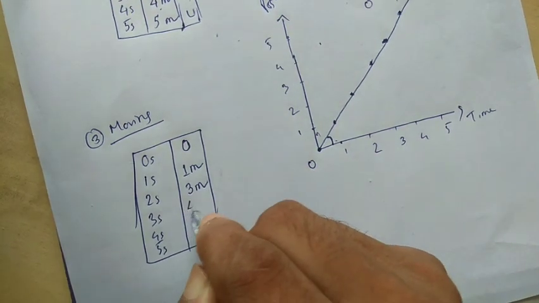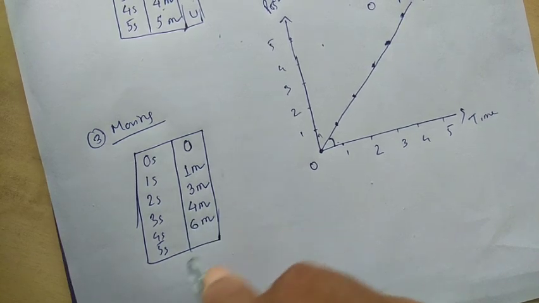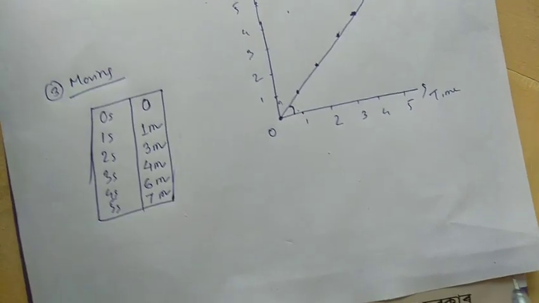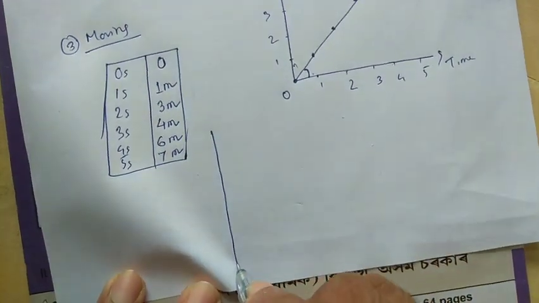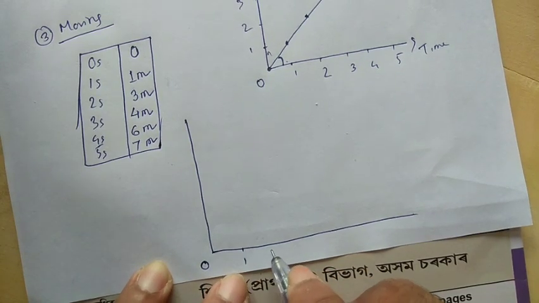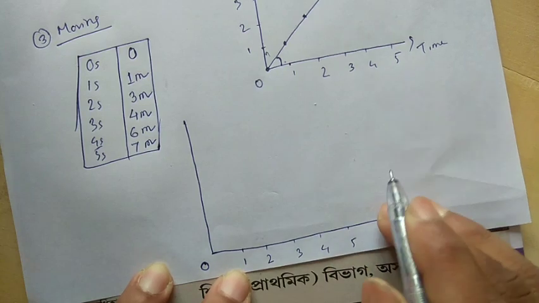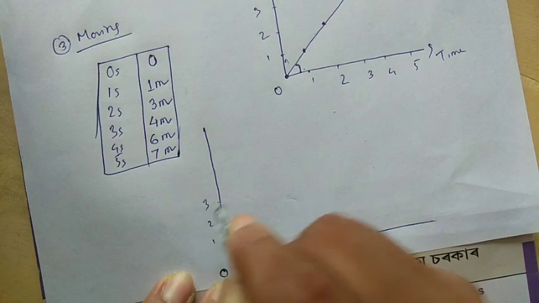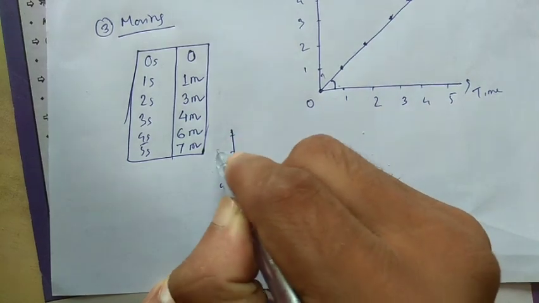In 3 seconds, at 4 meter. In 4 seconds, at 6 meter. In 5 seconds, at 7 meter. Okay? So in such a case, if we draw a graph, then we take 1, 2, 3, 4, 5 and 1, 2, 3, 4, 6.